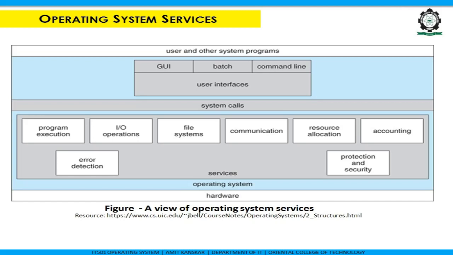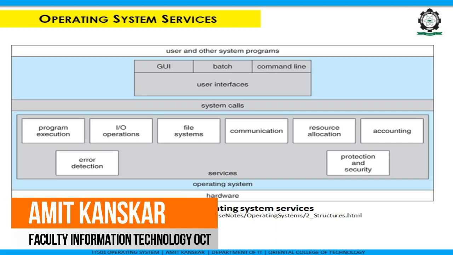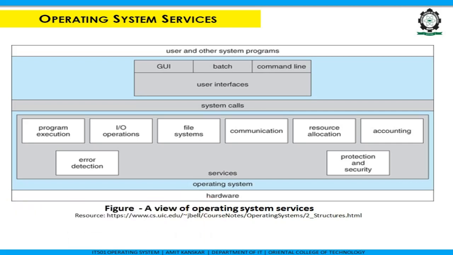First of all, user interfaces. User interfaces are the means by which users can issue commands to the system, depending on the system. These may be command line interfaces, for example, different types of shells like SH, CSH, KSH, TCSH, etc. GUI interfaces, for example, Windows, X Windows, KDE, GNOME, etc. Or a batch command system.